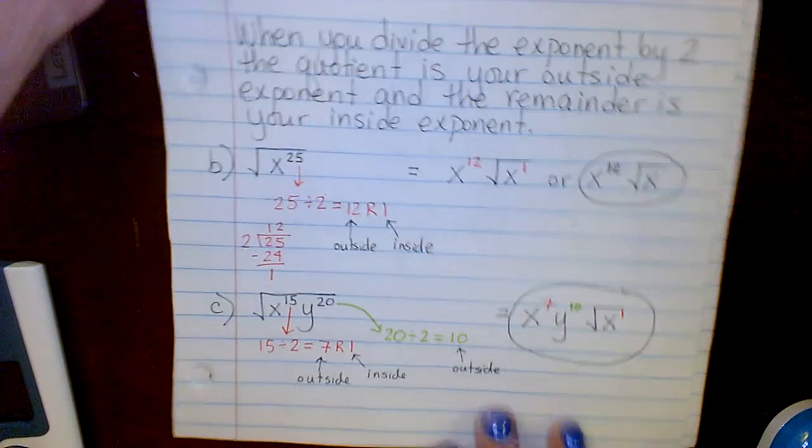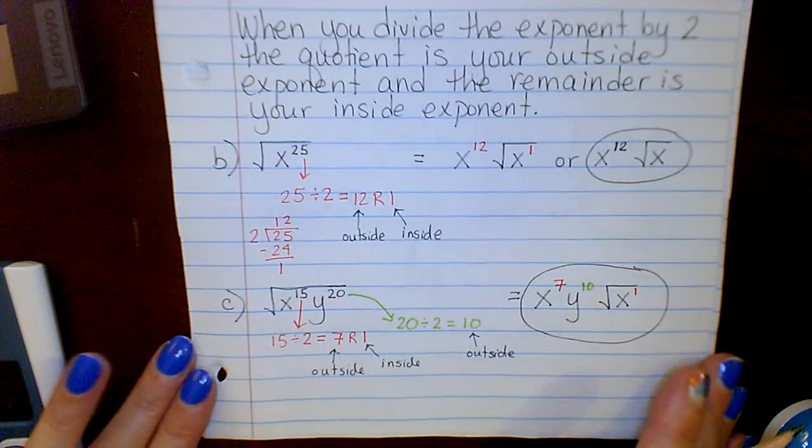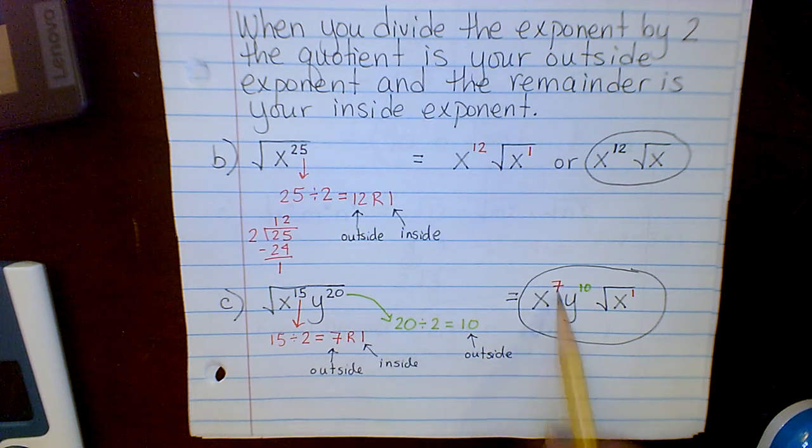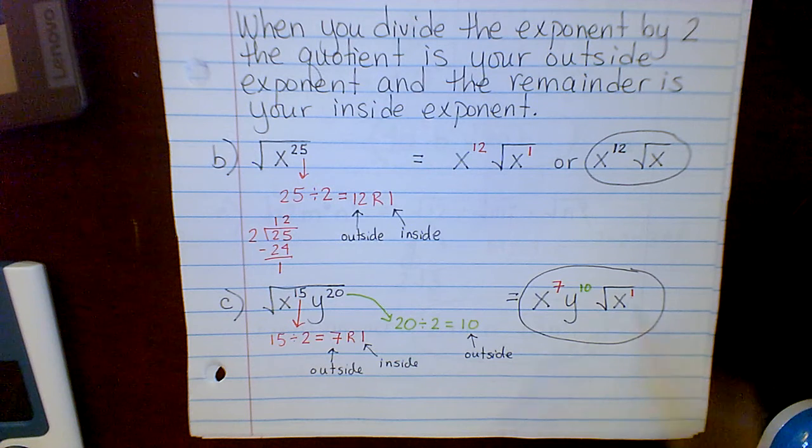So next up here we have the square root of x to the 15th, y to the 20th. I did these in different colors just to show you I was doing the same thing, but just to show you where all the numbers end up going. So for this 15, I did 15 divided by 2. So 2 goes into 15 7 times, right? Because 7 times 2 is 14. You subtract, you get a remainder of 1. Okay, so we get x to the 7th. There's the remainder of 1.